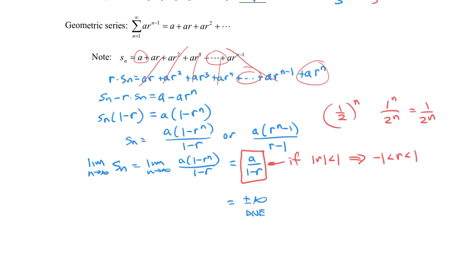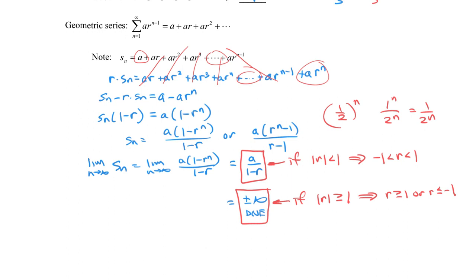But in either case, it doesn't matter. They both diverge. And this happens if the absolute value of r, let me rewrite that, is greater than or equal to 1, which means r is greater than or equal to 1, or r is less than or equal to negative 1. And again, I'm just rewriting this the way you can always rewrite an absolute value, which you probably learned in an algebra class in the past.